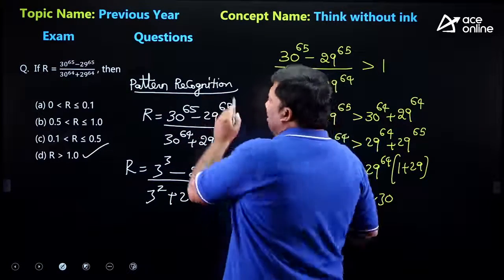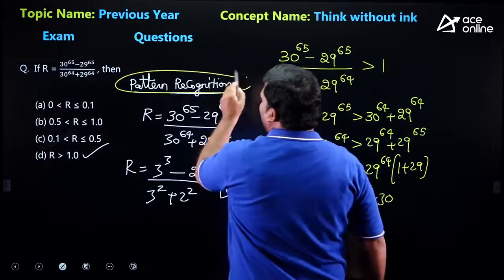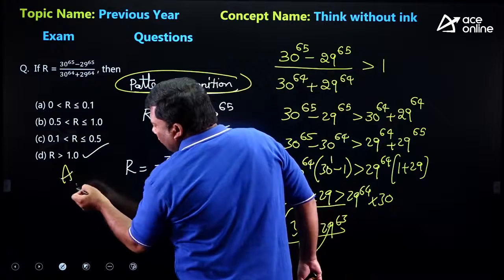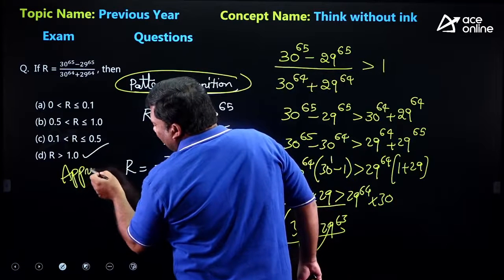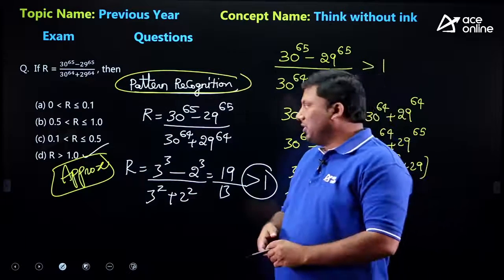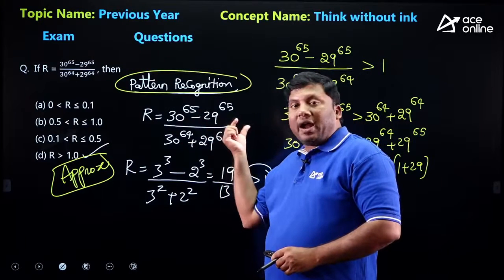From the answer I checked whether the question is right or wrong. Pattern recognition. The question contains numerical values, the answer contains numerical values. This is also one way of checking whether the question is right or wrong, by using approximation. I understood the pattern of this question.